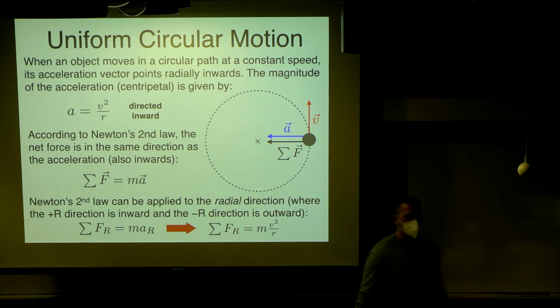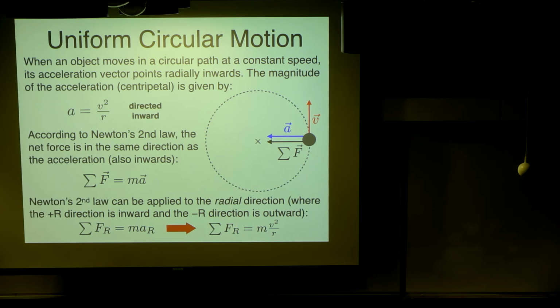Anything that's pushing it away outwards is a negative force. So we have F equals ma in the radial direction, just like we can do it in the x or the y direction. That means the net force in the radial direction is m times, what's our acceleration? It's v squared over r, right? So all circular motion problems that we've seen are solved in this sort of way.